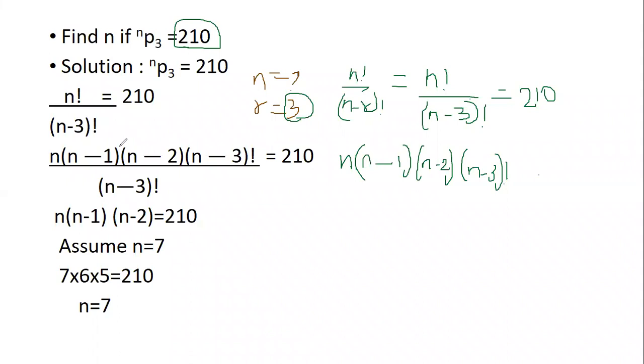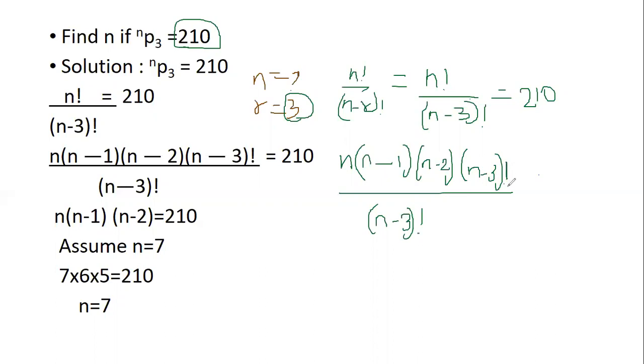I'm giving factorial because after that also there are more numbers. And why did I stop at (n minus 3) factorial? Another reason is that it is divided by (n minus 3) factorial. If you see now, I have two same numbers in the numerator as well as the denominator, where I can cancel them. So that is the reason why I stopped at (n minus 3) factorial.